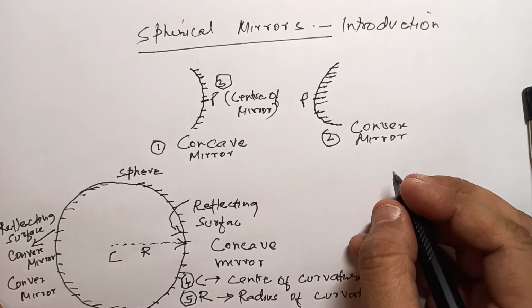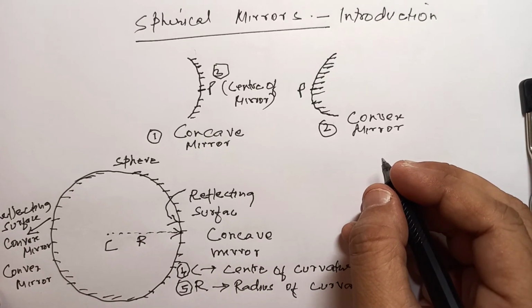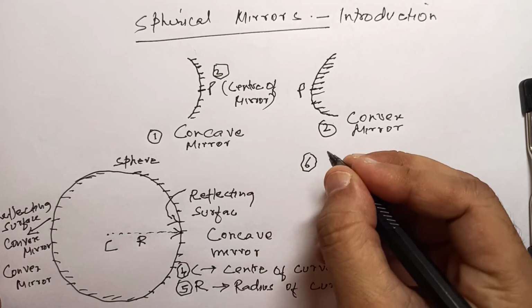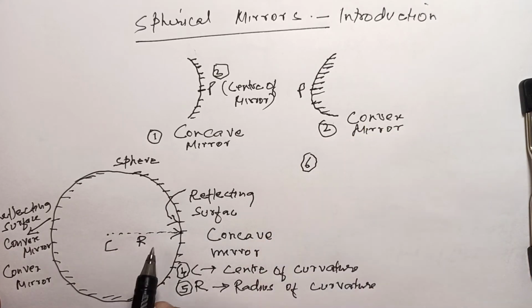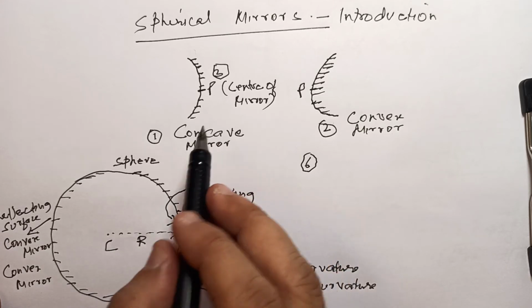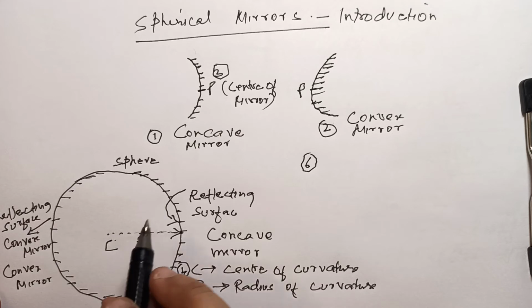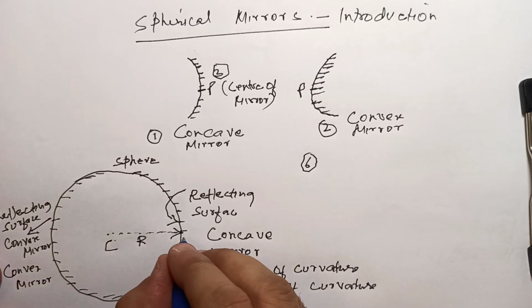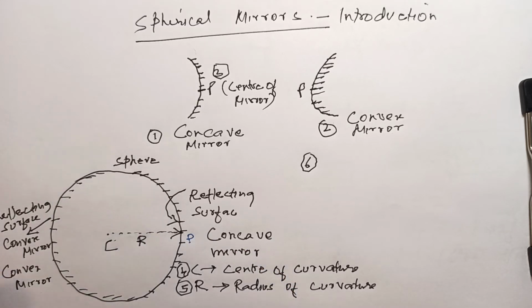The 6th is the line joining center of curvature and pole. Let me draw another one using another color. See, if this is P, this is pole.